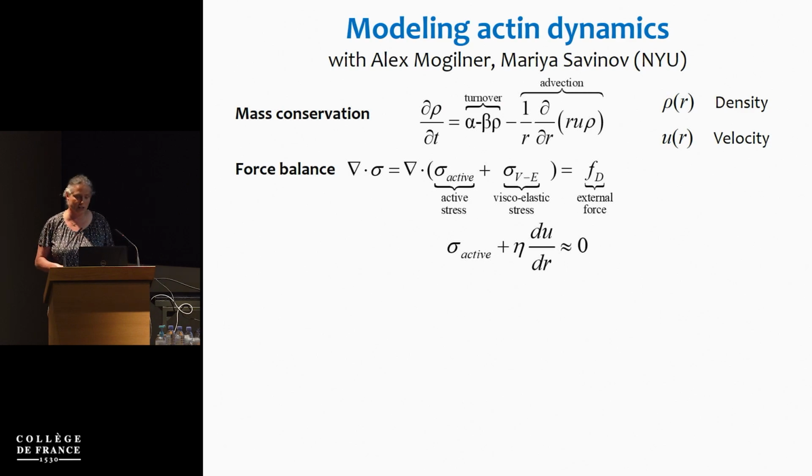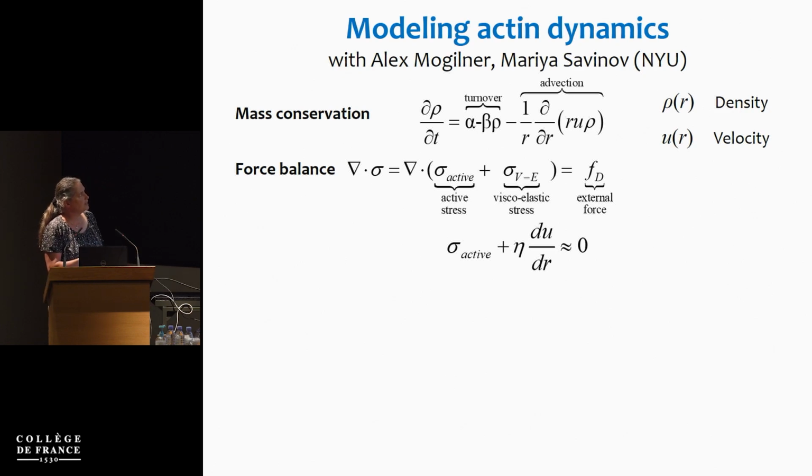And now, in collaboration with Alex Mogilner's group, who's also here, you can describe this using a hydrodynamic theory. As we've seen many times over the last couple of days, we have a mass conservation equation and a force balance equation. The mass conservation equation includes the advection that arises in the system and the turnover. And again, we're mapping the density field and the velocity field.